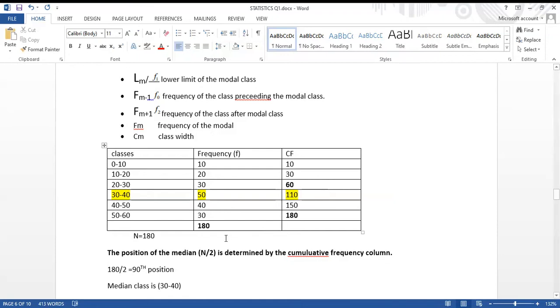Then you open up a column for the cumulative frequency, and you just add all these numbers in order. 10 plus 20 is 30. 30 plus 30 is 60. 60 plus 50 is 110, and so on. To calculate the median, you just need the frequency and the cumulative frequency. That is all. Are you okay with locating the position?